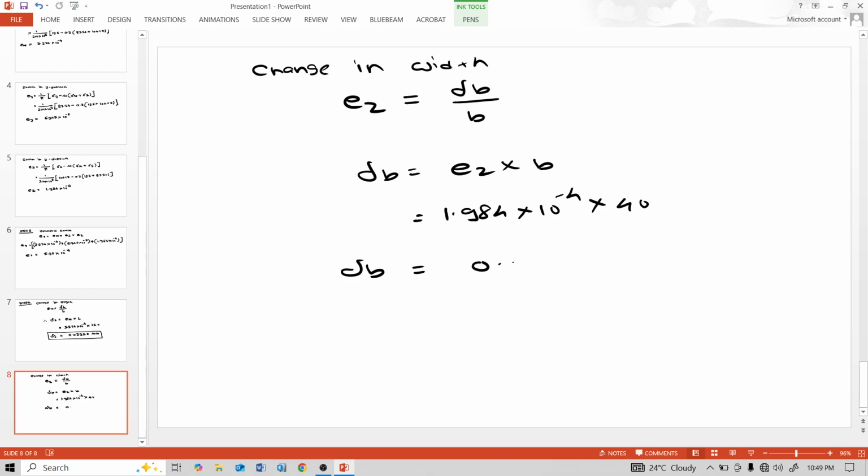So it is 0.0079 mm. This is change in width.